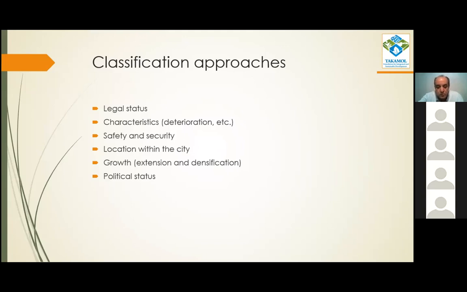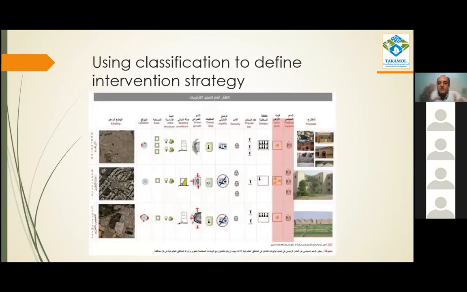For example, Maspero was in the focus of political decision due to the prime location of the area. So, if we put all these factors together, we can define the intervention strategy for an area. For example, if you have an area with high population and no legal status or weak legal status, we put all these factors together, and then we decide what to do with this area.